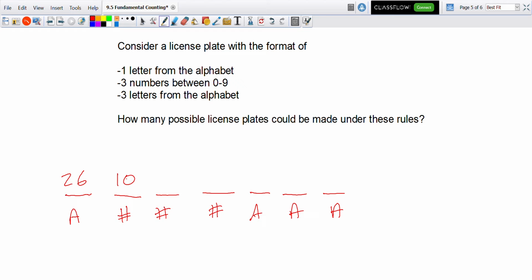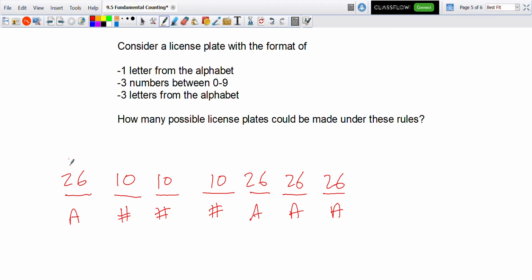That'd be 10. In fact, there's 10 possible numbers to put in each of those. It could be 000, 001, 002, 003, 327, 567, right? It could be multiple different numbers here, but there are 10 possible numbers in each of these slots. And then for each of these letters as well, 26 possible in each of these here.